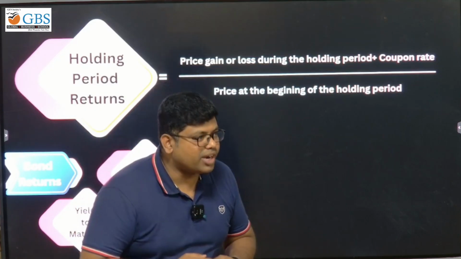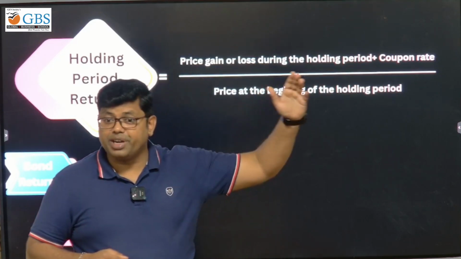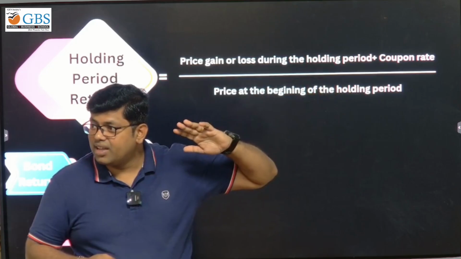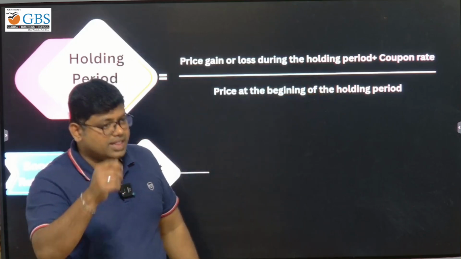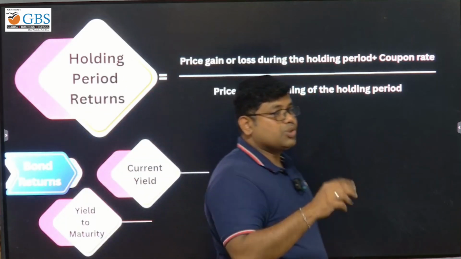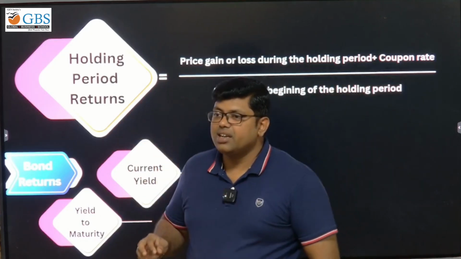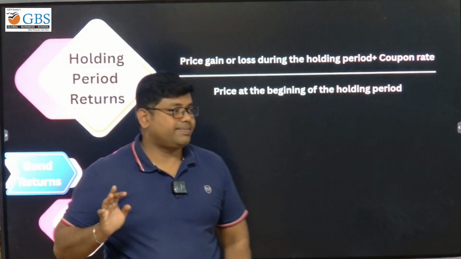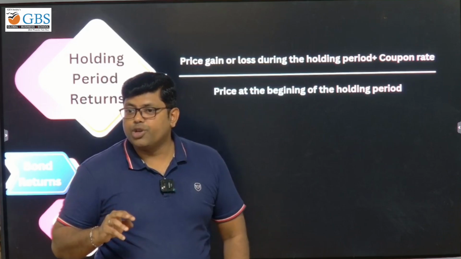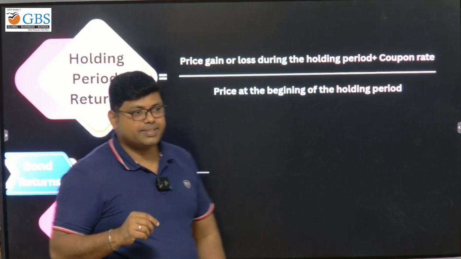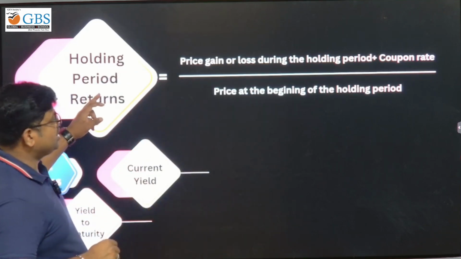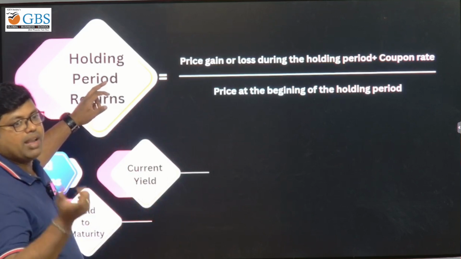So the holding period is 2 years, even though the maturity period is 5 years. At the end of 2 years, you sell it to some person XYZ. So you need to find out the holding period return. What is the return on your holding period?